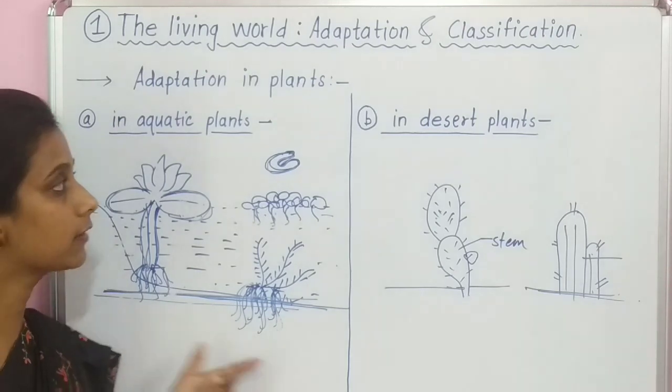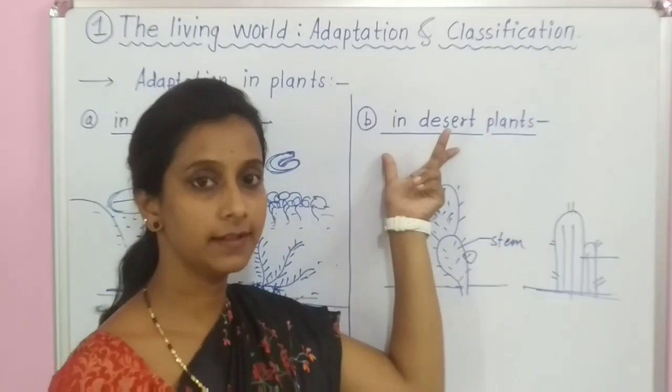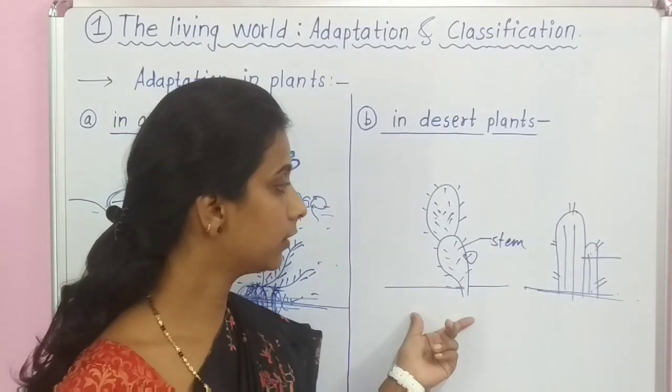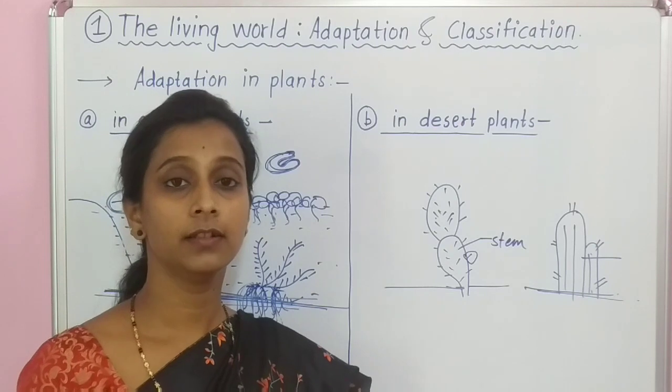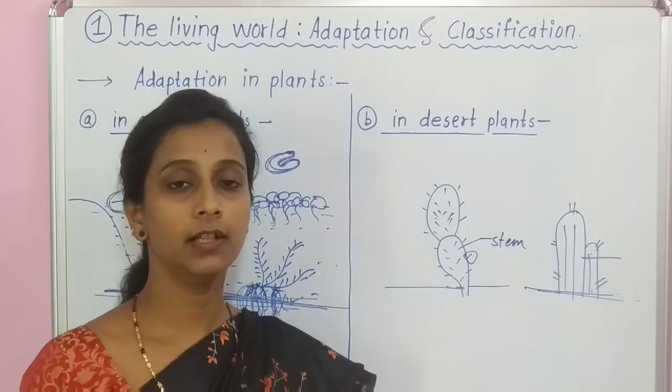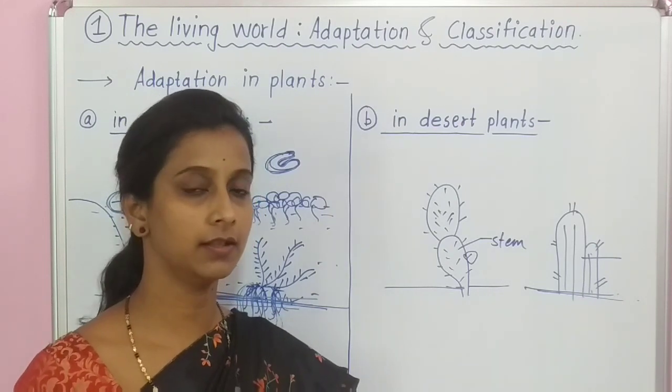Now come to the next, adaptation in desert plants. Here you can see two types of desert plants. We know that in the desert region a large amount of heat is generated.